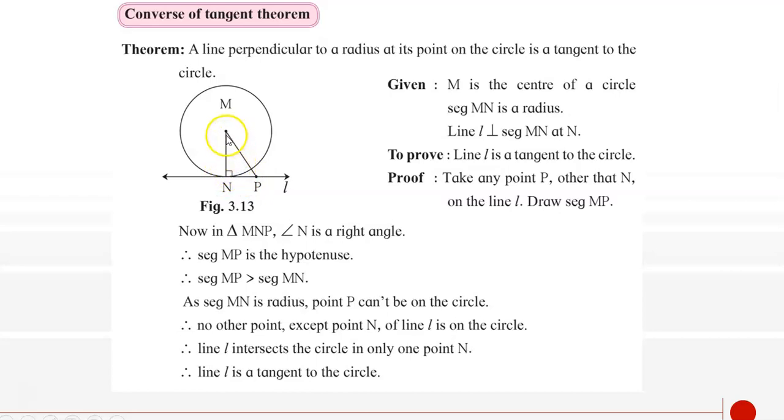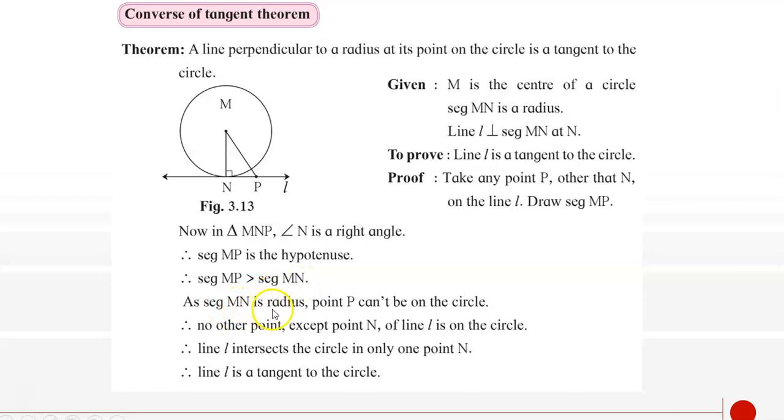So MP is the hypotenuse because this is a right-angled triangle. And we know that the hypotenuse is always greater than the other two sides. So I can say MP is greater than segment MN.